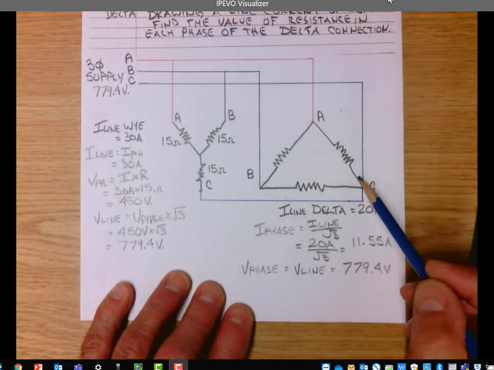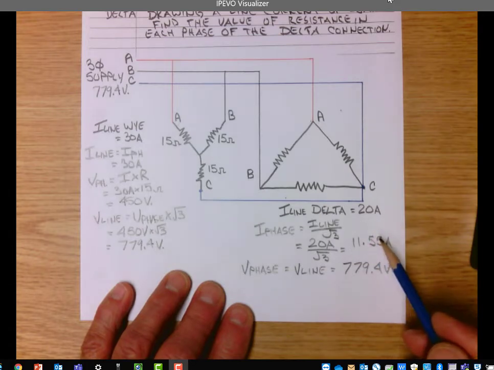Now I know the phase voltage for each phase, and I know the phase current for each phase.